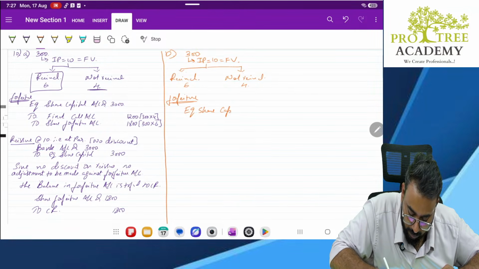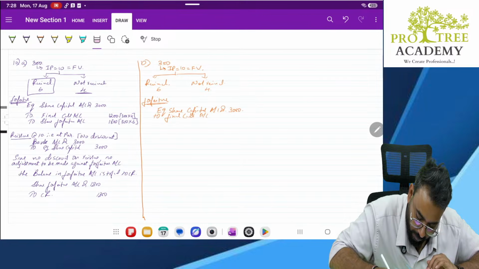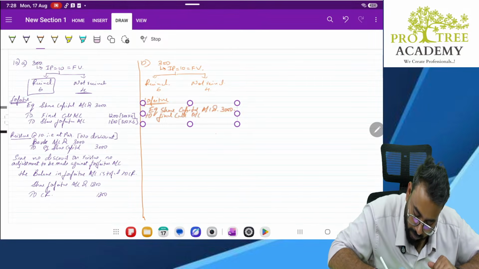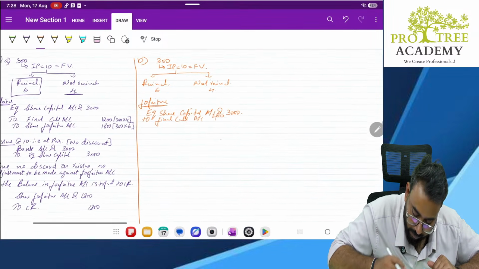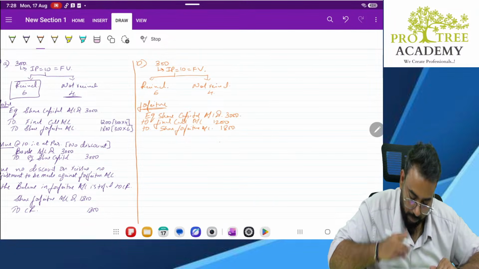Equity share capital account debit 3,000 to final call account 1,200, to share forfeiture account 1,800. Clear?